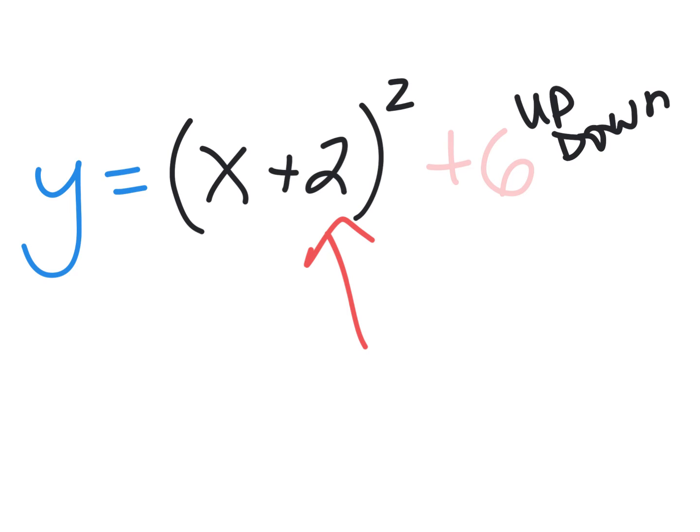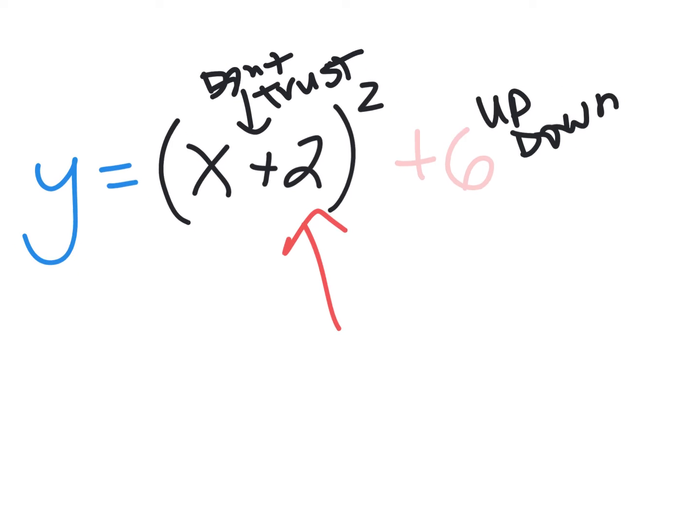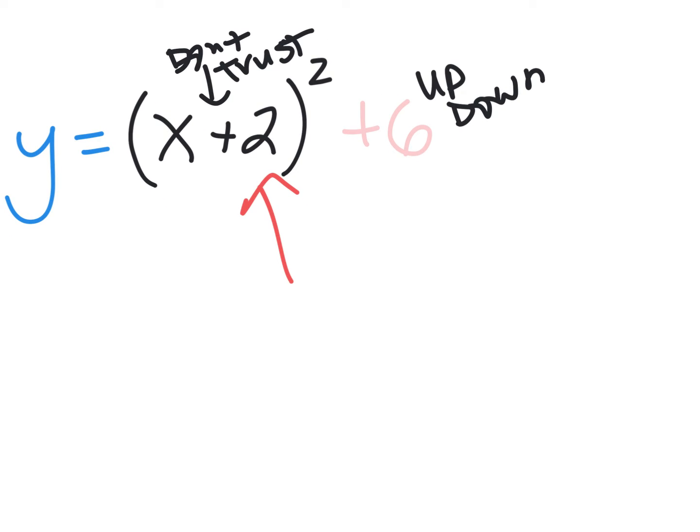You can trust stuff on the outside, but not on the inside. Don't trust. It's also called counterintuitive. Yes? No problem. All right, so this seems like it's up, and it is up. This seems like it should move to the right, but no, it actually moves to the left.